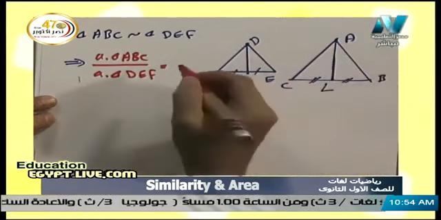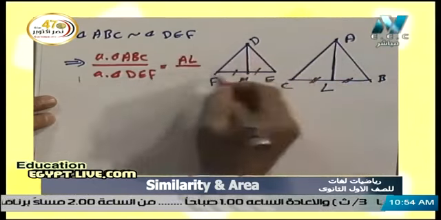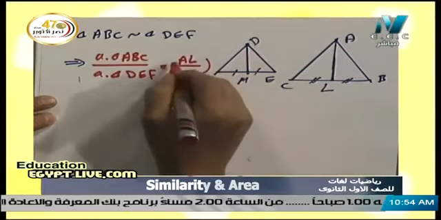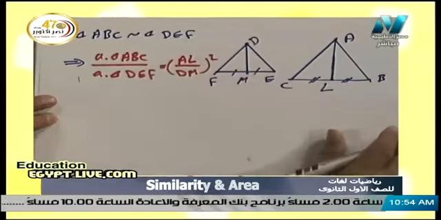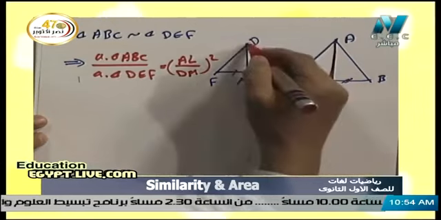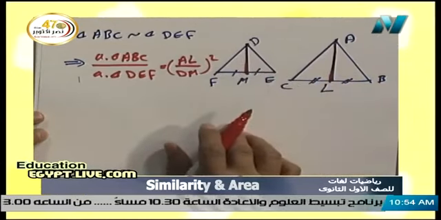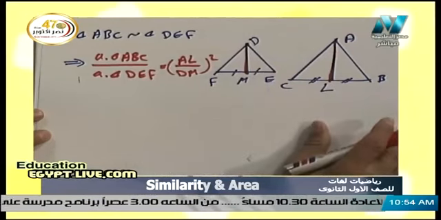And we can say that it's equal AL over DM all power 2. So we will consider now that the two medians here equal one of the ratios of similarity of two triangles.